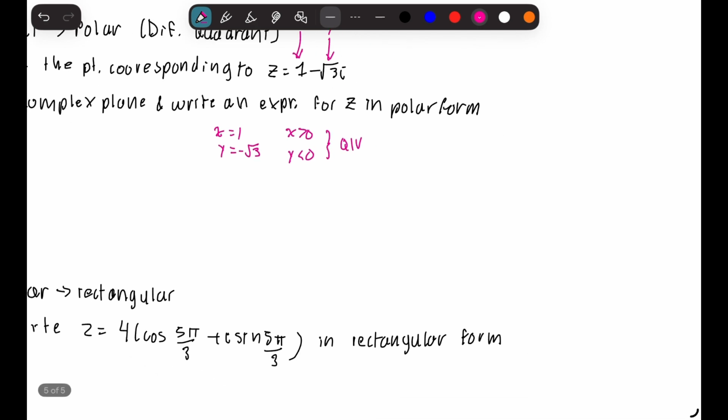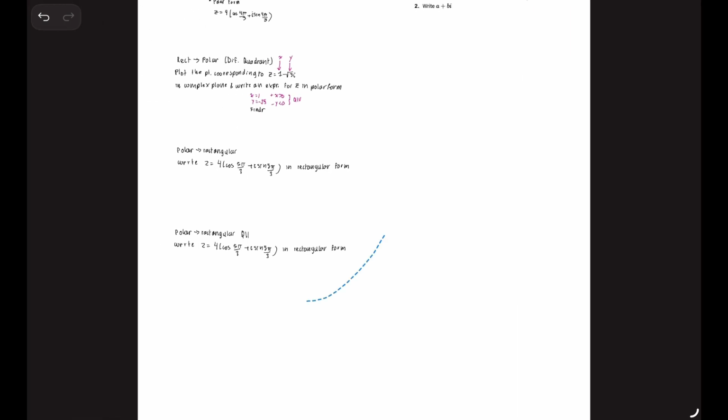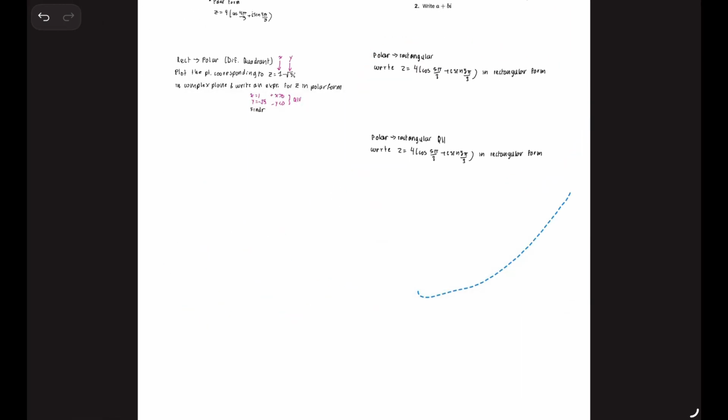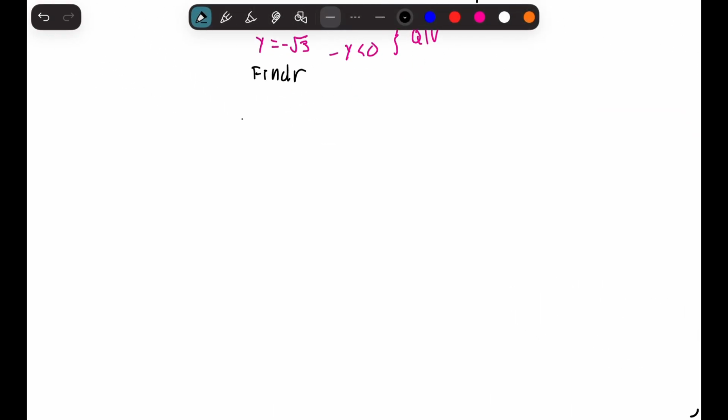Q4, because you have a positive x, but you have a negative y. Now we have to find r. Let's move these over. Just like we did earlier.